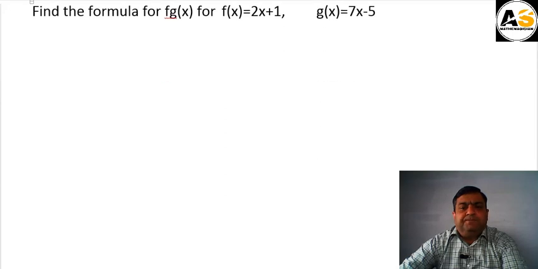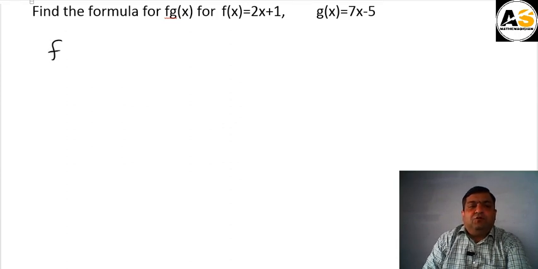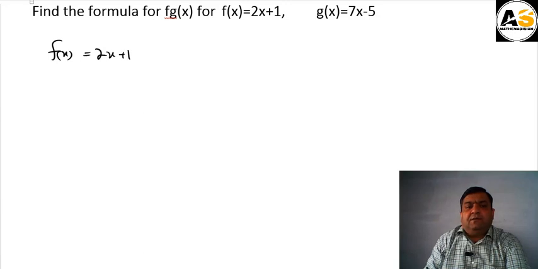Another question. We are moving towards the end of today's lesson. F of x is equal to 2x plus 1 and g of x is equal to 7x minus 5. We have to find f of g of x.